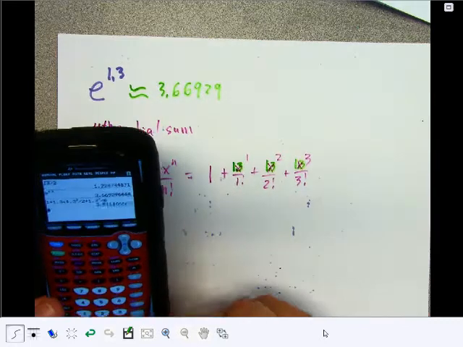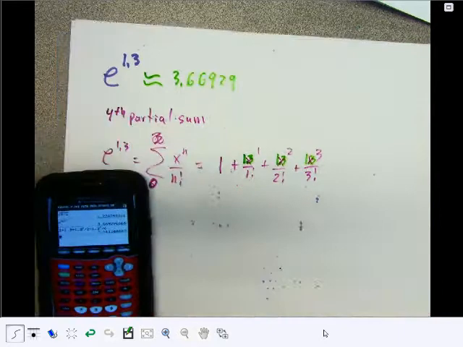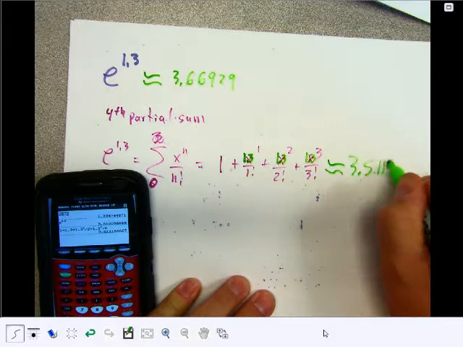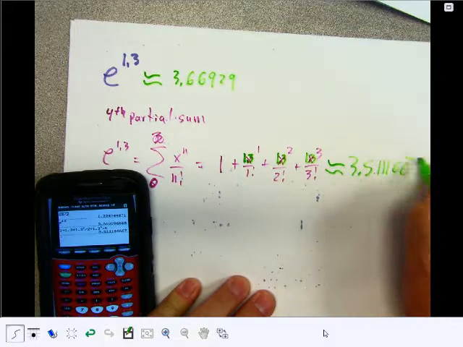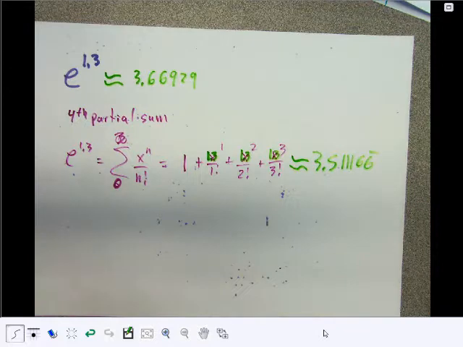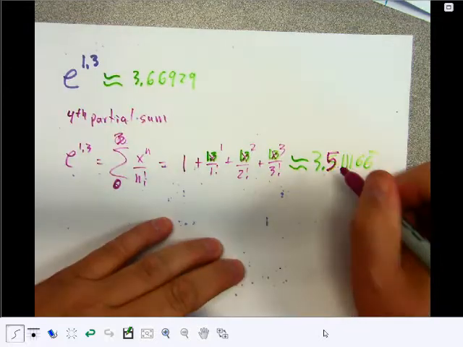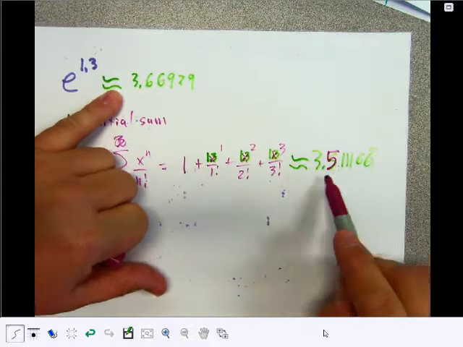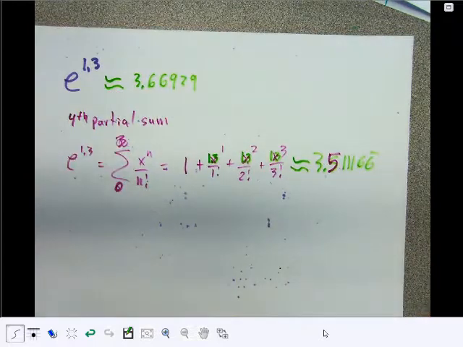Hit enter, I come up with 3.5111. And so I come up with an estimate of this value, 3.66929, 3.5111166, and that's how I approximate.